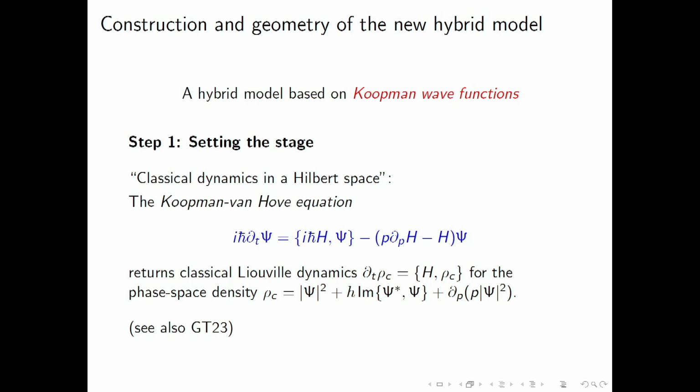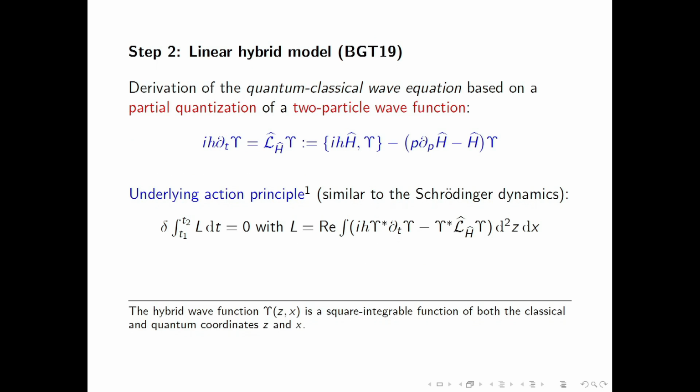And the connection is made by the so-called Koopman-von Neumann equation, which is written here. Solutions of the Koopman-von Neumann equation return classical dynamics for this phase-space density here. And I also refer to the paper of Cesare and François, where all of this is worked out in detail.